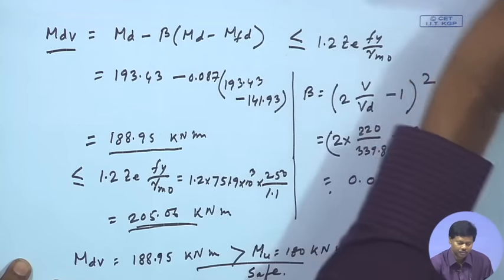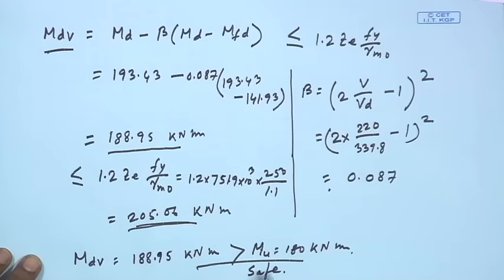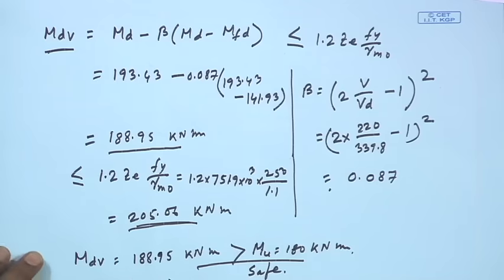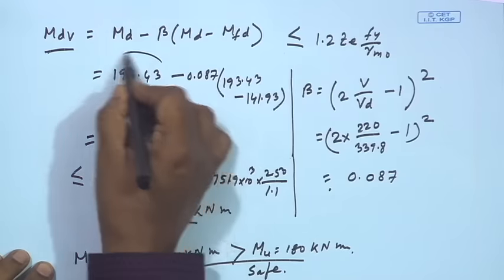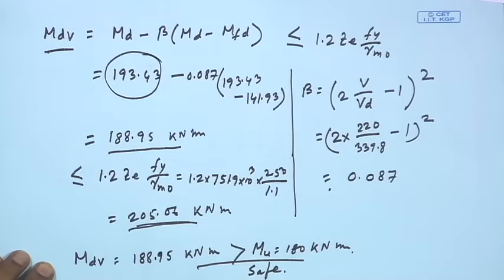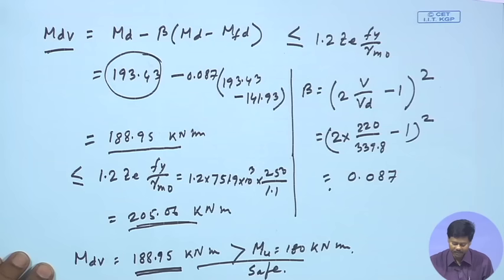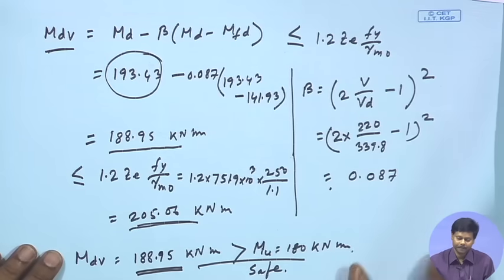So, this is how one can find out the design bending moment of the section with high shear. In fact, if it is low shear, we could find out the value as 193. And because of the presence of high shear, the bending moment is reduced to 188.95 kilonewton meter. However, this is greater than the factored moment. So, the section is okay.